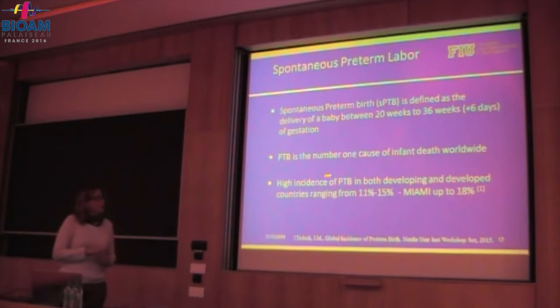And in the developed world, such as Miami, preterm labor is a huge problem. Up to 18% of babies are delivered early. And in the low resource setting or developing countries, it is also fairly large, between 11 and 15%.